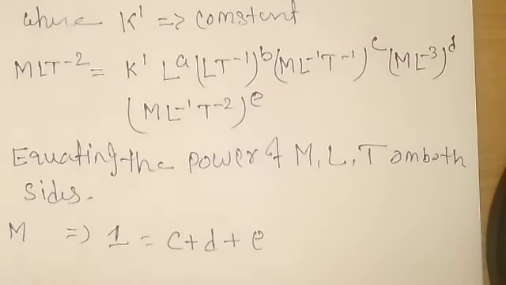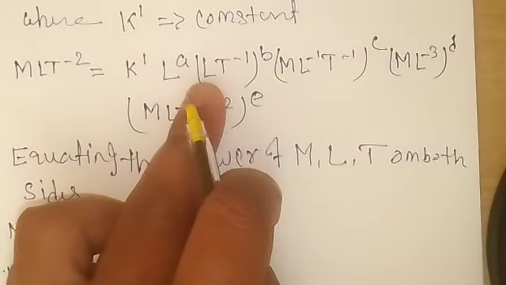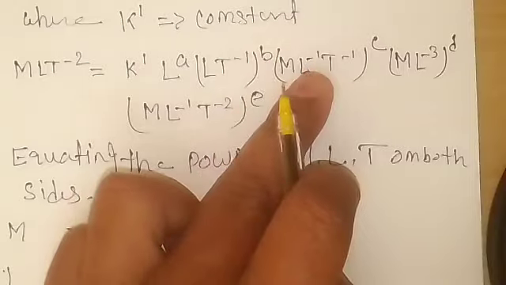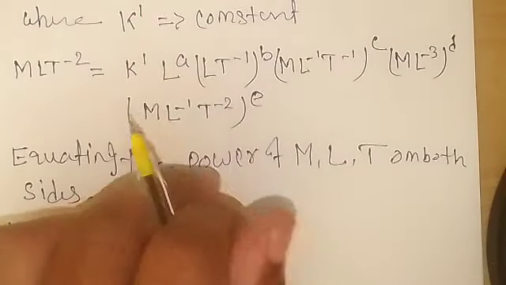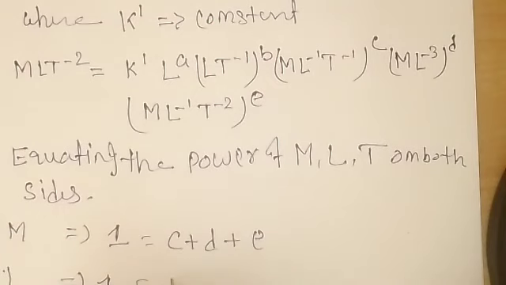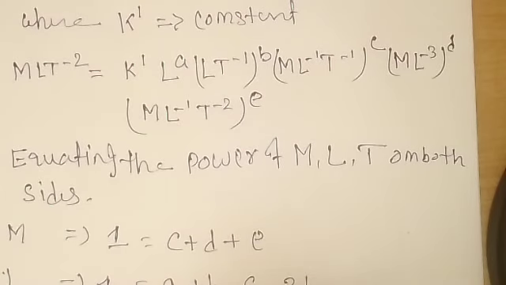Now we go for the second, that is length. The L power is 1 here; check what the L power is: L power a, L power b, L power minus c, L power minus 3d, L power minus e. So we can write a + b - c - 3d - e, okay.